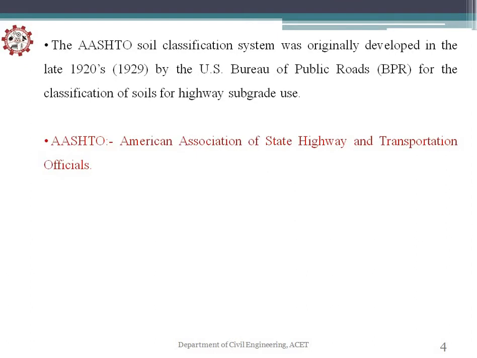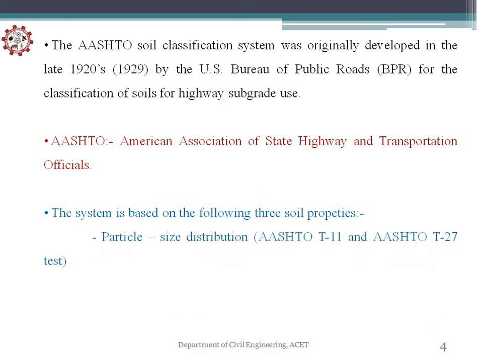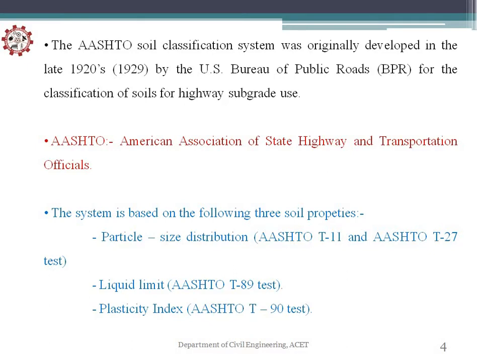This was given by the American Association of State Highway and Transportation Officials. The system is based on the following three soil properties: particle size distribution, liquid limit and plasticity index.